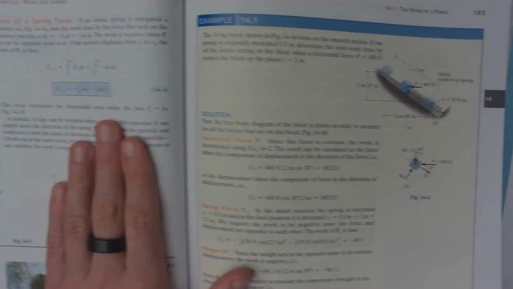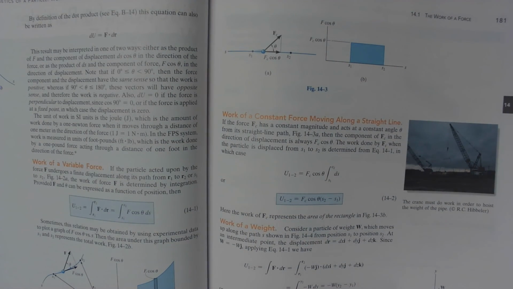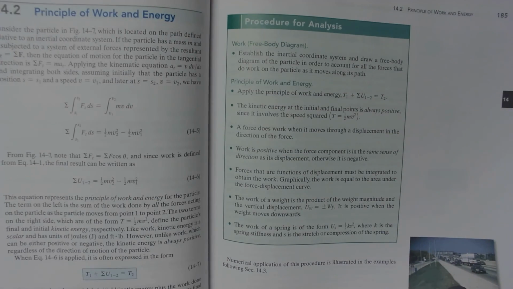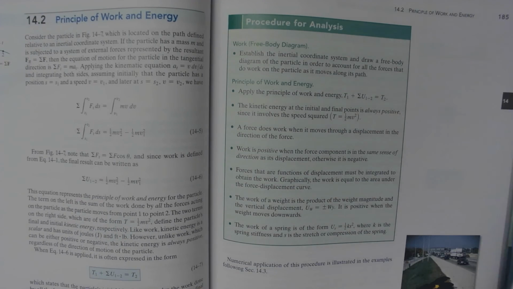Okay, so we had work done by the spring force and work done by the force of gravity. And I don't actually think we said yet how they are related to the potential energy.